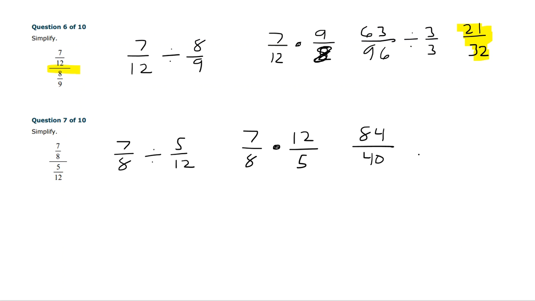And now we can simplify this. 4 can divide into 84 21 times, and 4 can go into 40 10 times. So 21/10. Okay, that is how you do complex fractions.